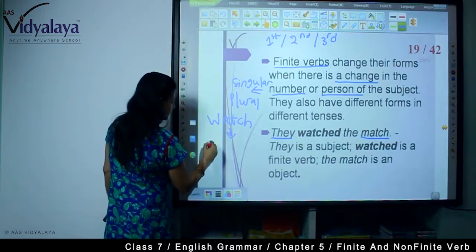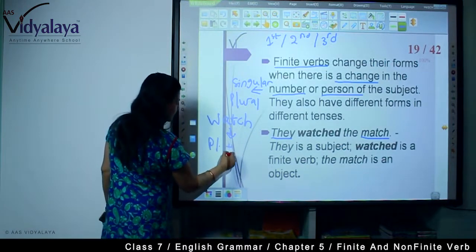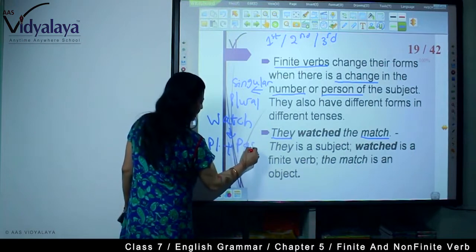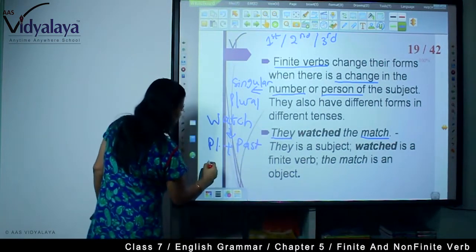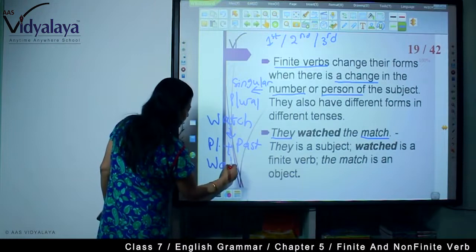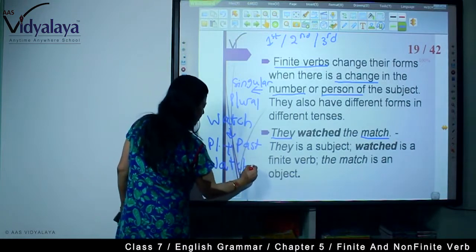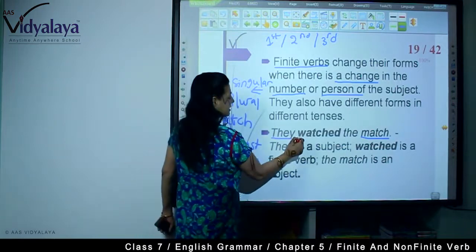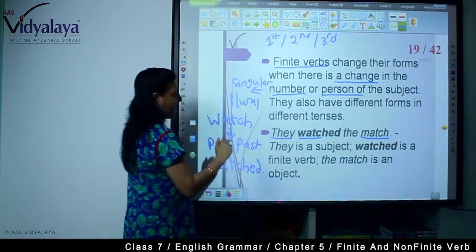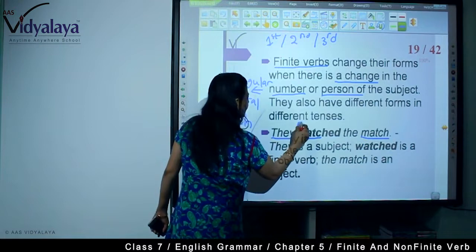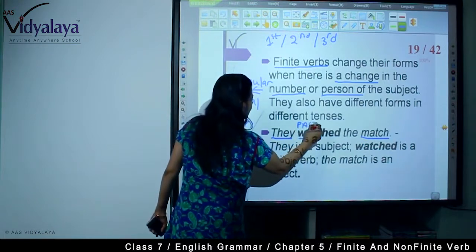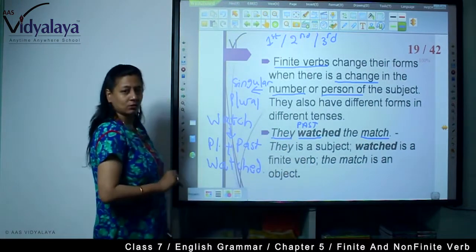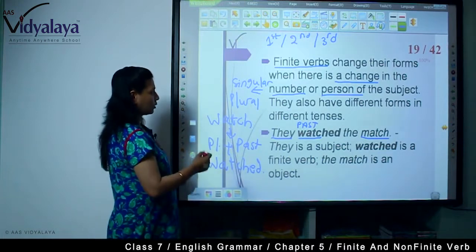With plural plus past tense, it is changed into watched. As this is a past tense, it is changed into watched.